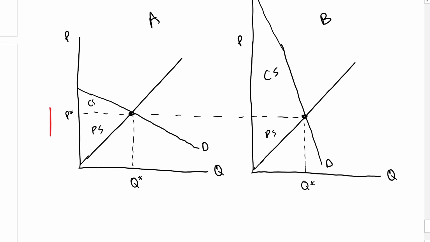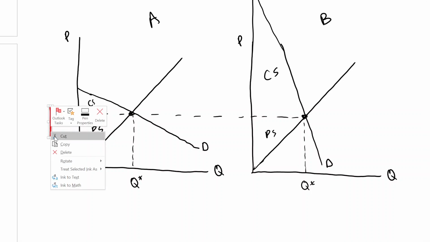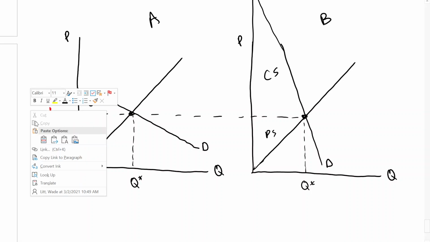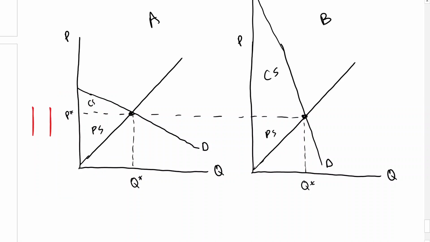But now let's put this tax into place. I'm going to copy this. And so remember, the tax acts as a wedge, and we just put it between the supply and demand curve. Wherever that fits, that's going to be the new quantity.